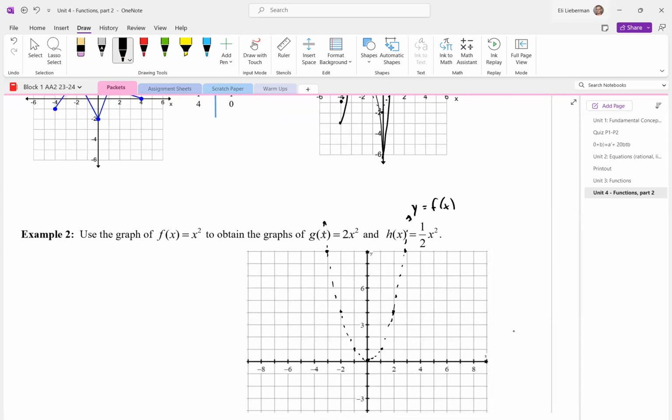So 2x squared, what's going to happen to that vertex? It's going to stay right where it is. That point 1, comma 1 is going to go to 1, comma 2. Same thing on left and right. 2, comma 4 goes to 2, comma 8. Same thing left and right.